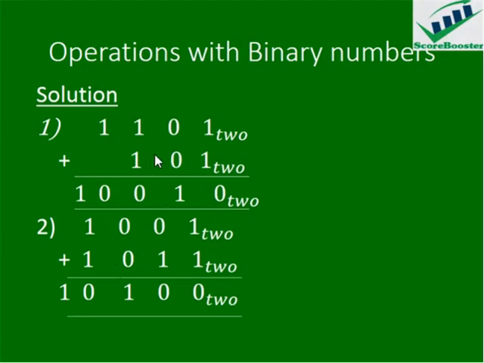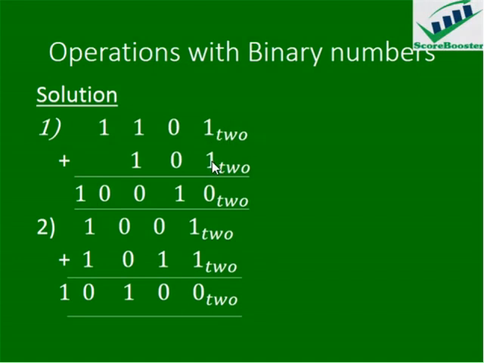And also, another method you can use to add binary numbers, if you don't want to follow the rule 1 plus 1 equals 10. So another method you can use is, you add normally as if you're adding a base 10 number. 1 plus 1 is 2. Here we are dealing with base 2.